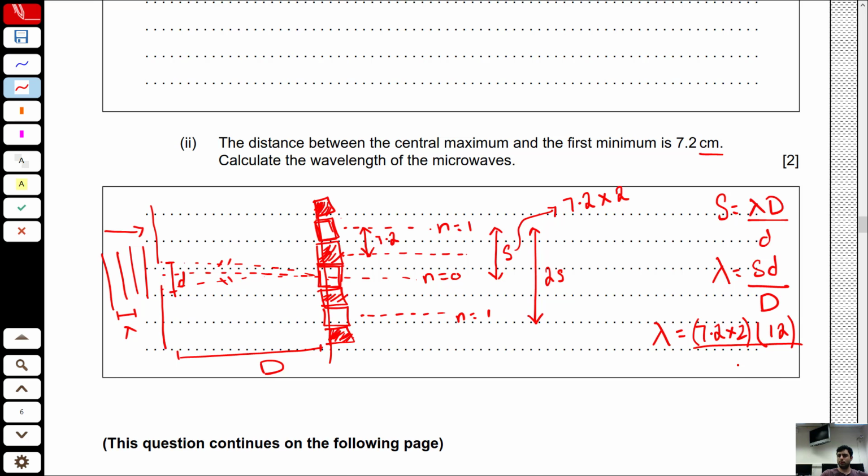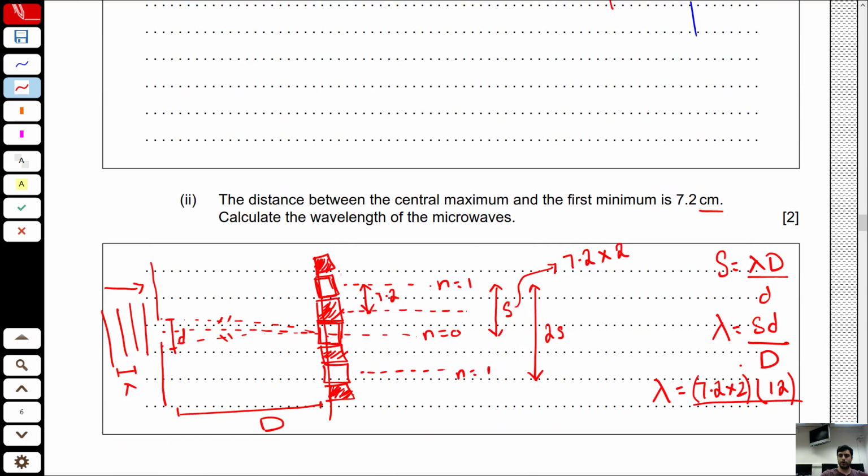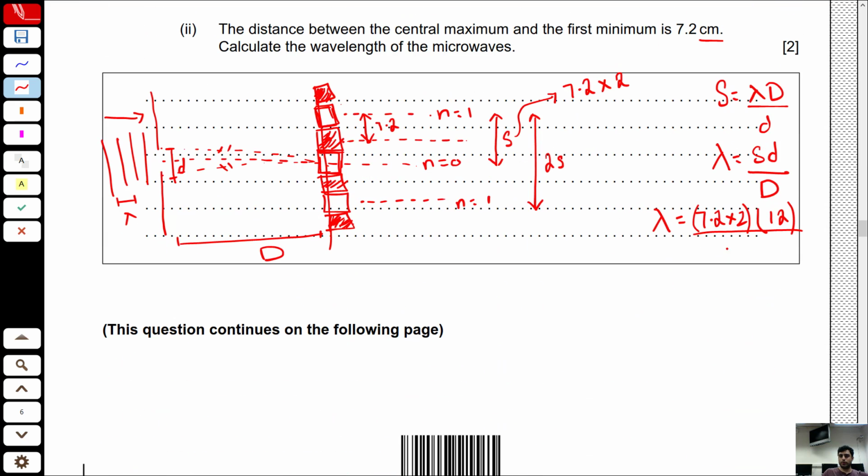And how much was capital D? 54 centimeter. Okay, so let's just hit the calculator.